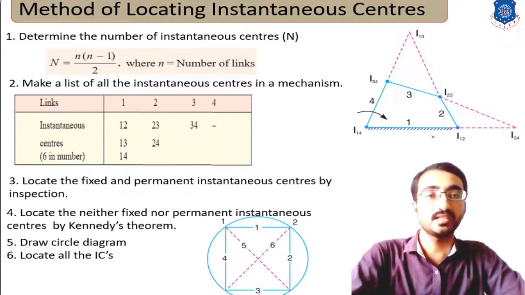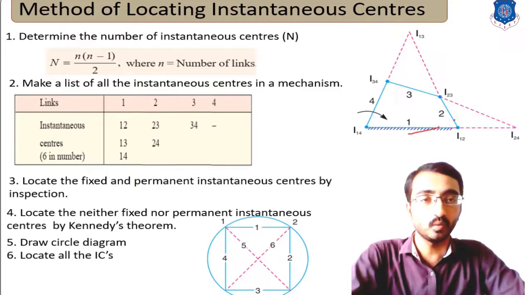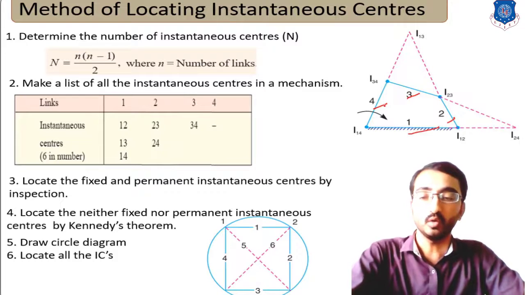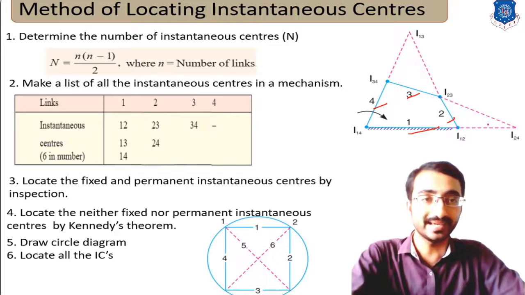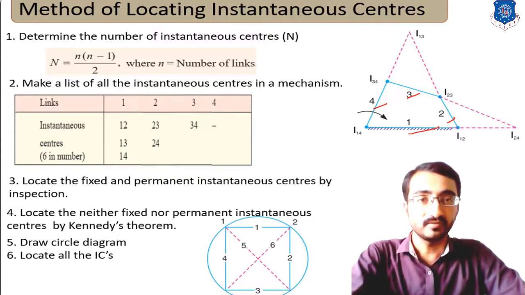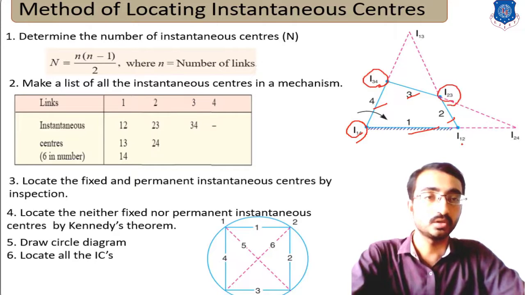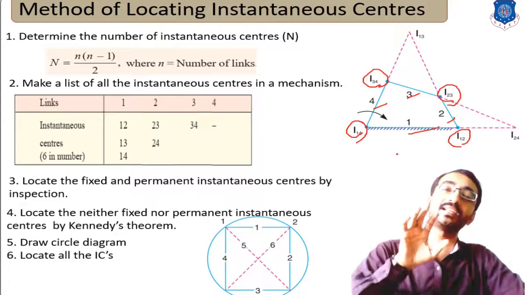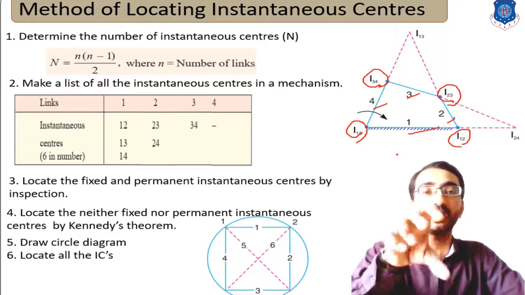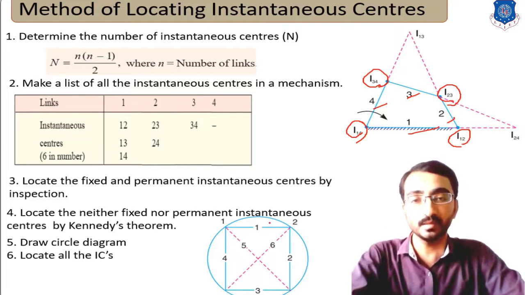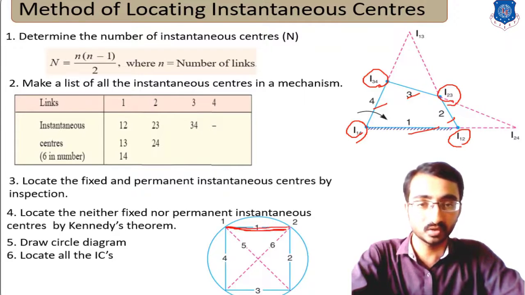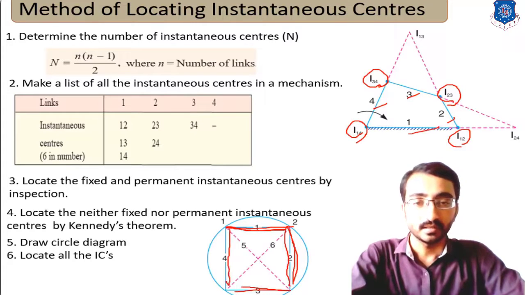Okay, in this sketch you can observe, for links number 1, 2, 3 and 4, that first we have located these 4 points I14, I34, I23 and I12. That is by the simple inspection method, by simply inspecting the diagram of this mechanism. Then you have connected 1, 2, then 2, 3, then 3, 4, and then 1, 4.